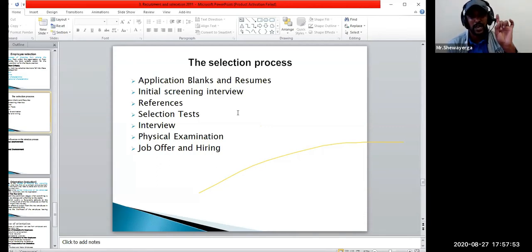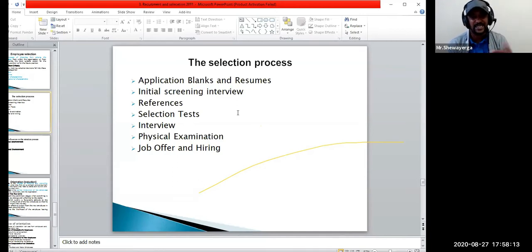So interview is of two types: at the stage of initial screening and also after the exam. That is, interviews will be held 2 times. Then an individual who passes that interview directly goes to the next step.